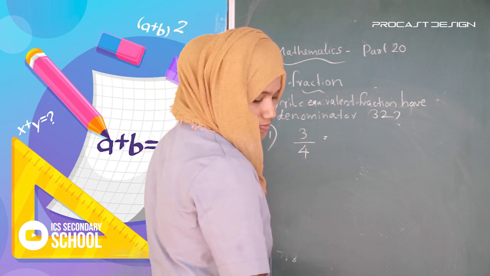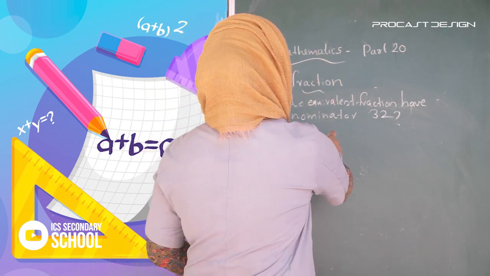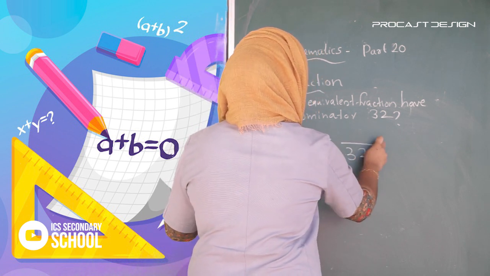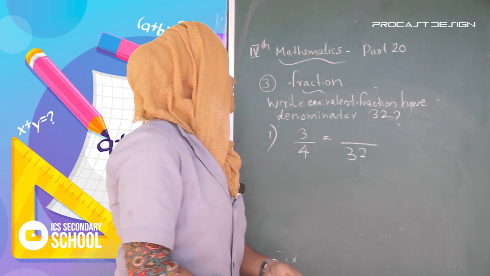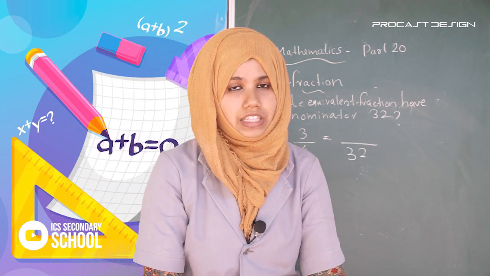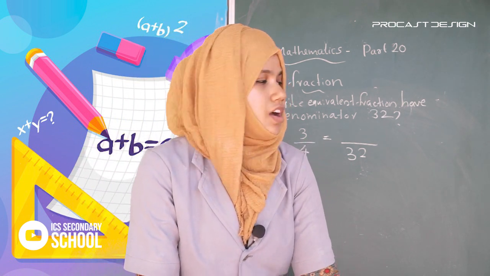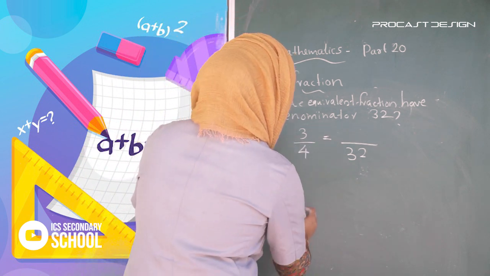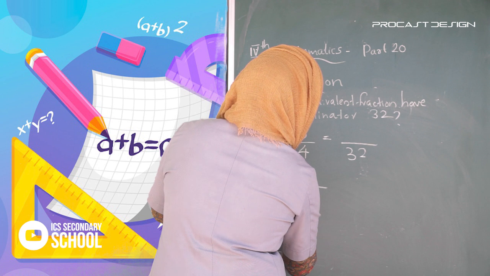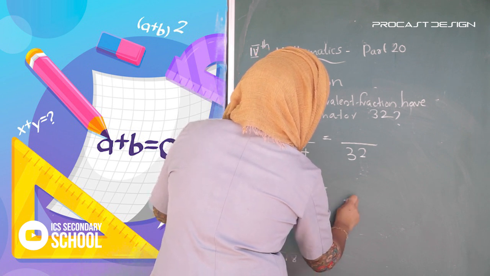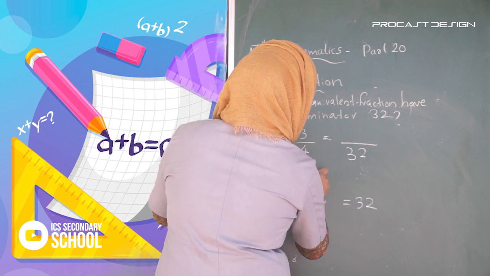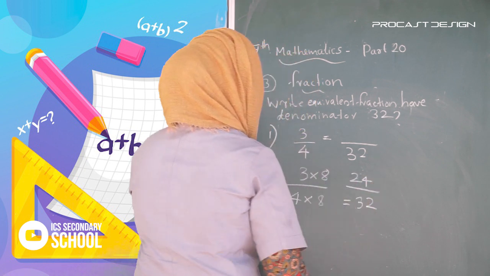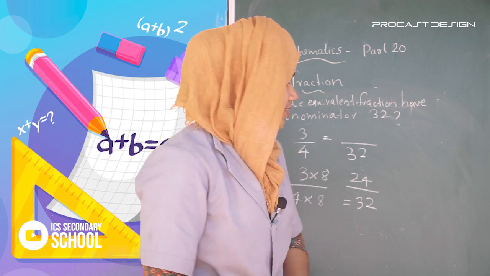So here the denominator is given, find the numerator. So multiply 4 with which number we get 32? We get, yes, 8. That means 4 into 8, 32. So multiply the same number with the numerator. So the answer is 24. Is it clear?